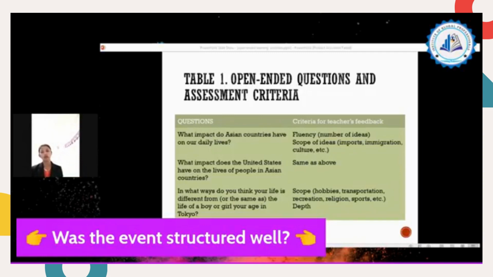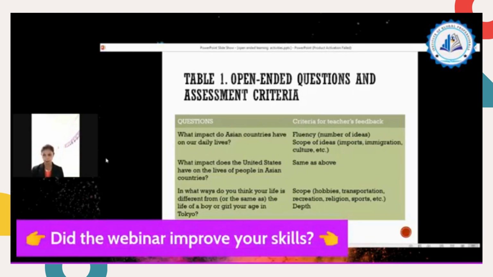Okay, so next is, what impact does the United States have on the lives of people in Asian countries? Well, same as above, your students will be discussing their ideas on the fluency, their ideas on the immigration, the culture of the United States, of the American people, and then the immigration. These are the scope of ideas that the students will be tackling, no?